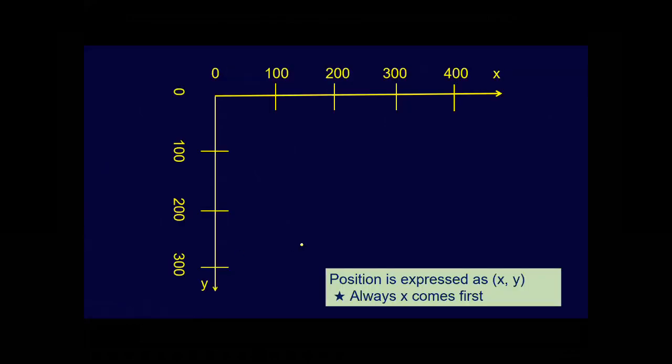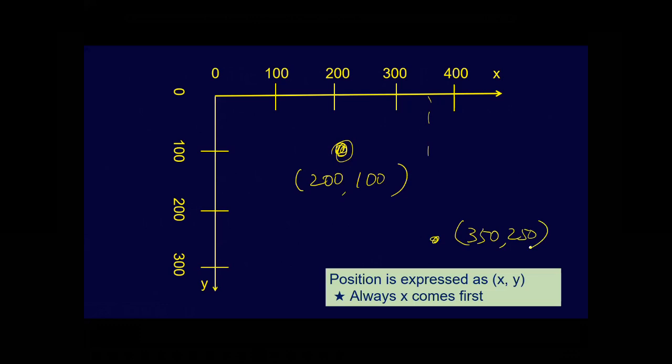So for example, this position is expressed as 200 as x coordinate and 100 as y coordinate, right? Okay, so here, what is this point's coordinate? Yeah, this is 350 and 250.